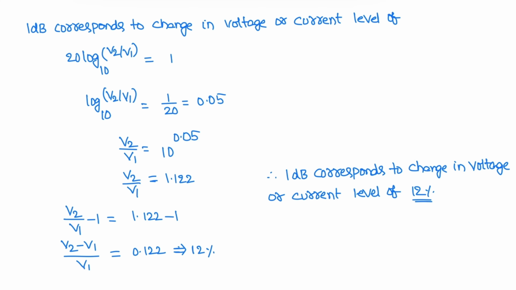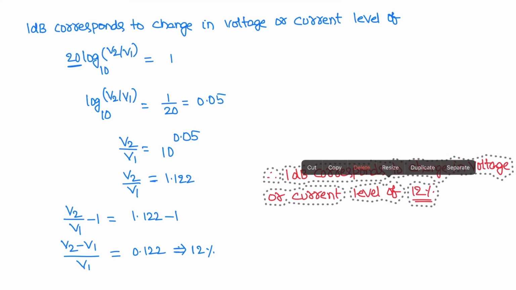So V2 by V1 is 10 power 1 by 20, that is 10 power 0.05, which is 1.122. Subtract 1 on both sides, we get (V2 minus V1) by V1, which is equal to 12%. Therefore 1 dB corresponds to change in voltage or current level of 12%.